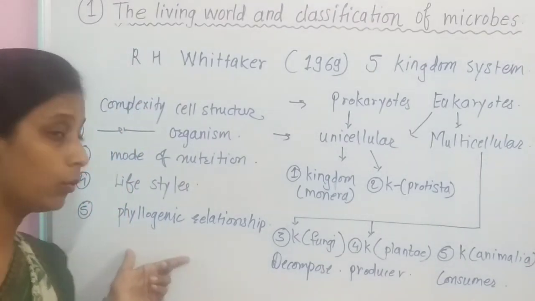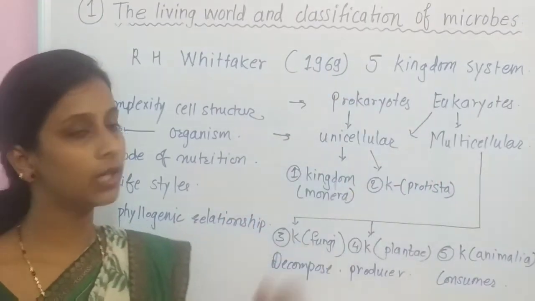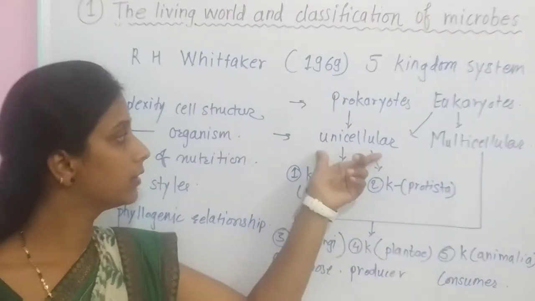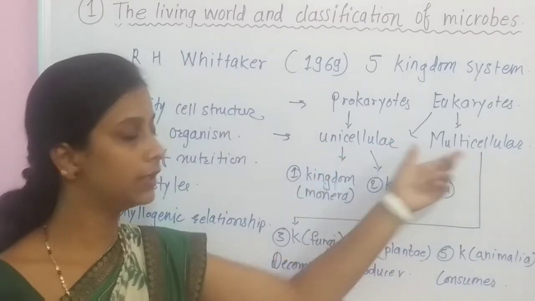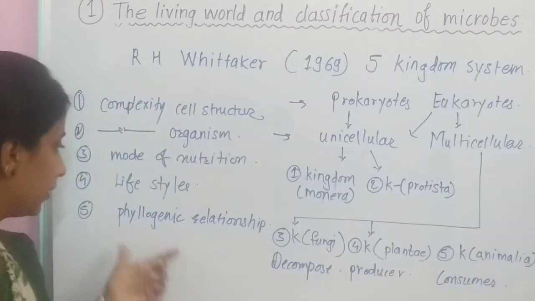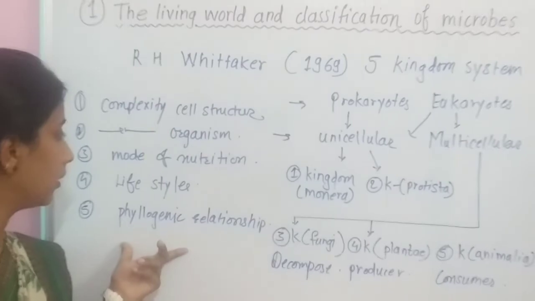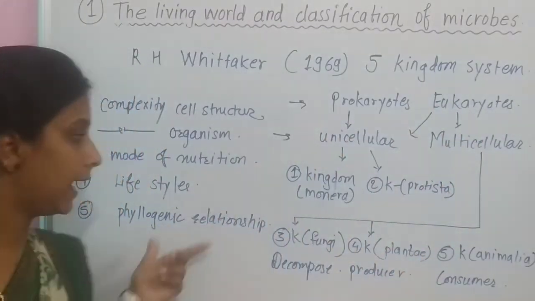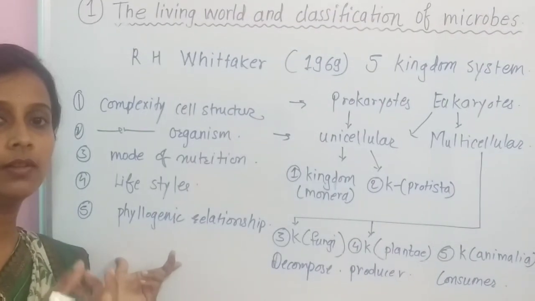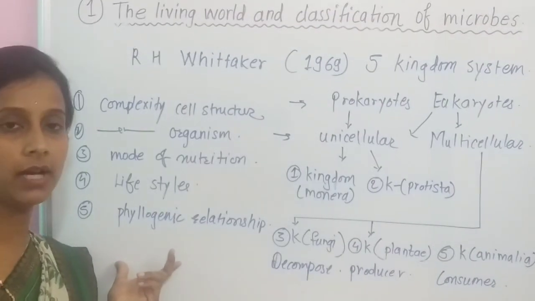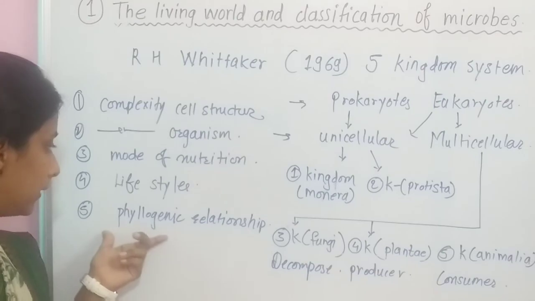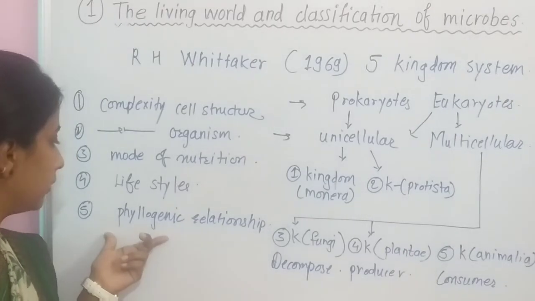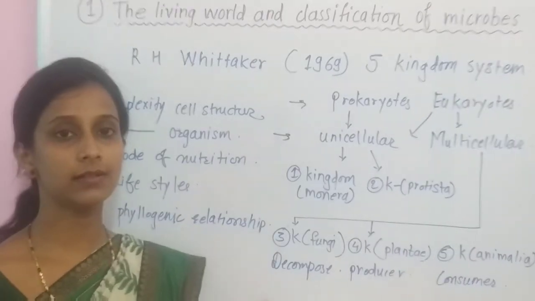In this way, prokaryotic organisms became eukaryotic organisms, and some unicellular organisms became multicellular organisms. So the relationship is prokaryote to eukaryote, unicellular to multicellular, and as we know, life on the earth began with a single cell only. Such a relationship between living organisms is called a phylogenetic relationship.